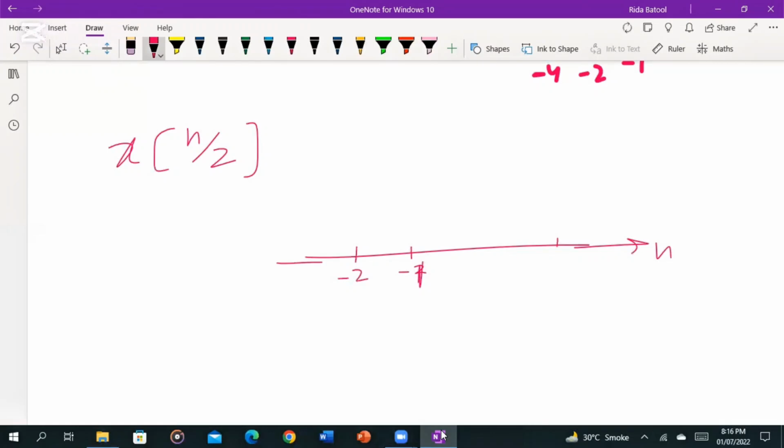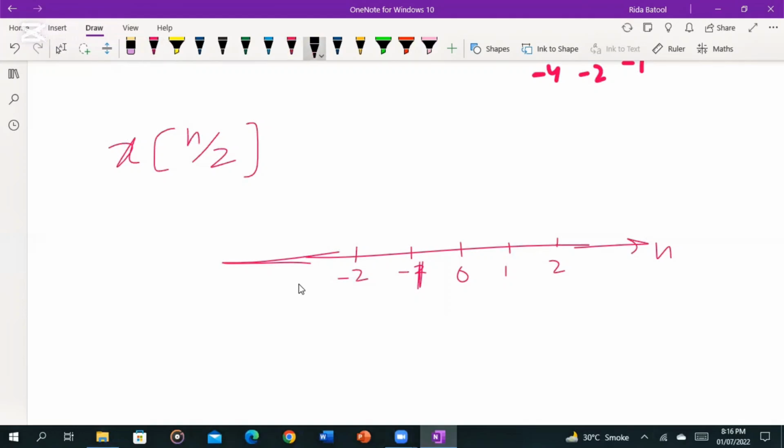Sir, n represents the x-axis, so it's like n divided by 2. In this case, you have to multiply every value by 2.